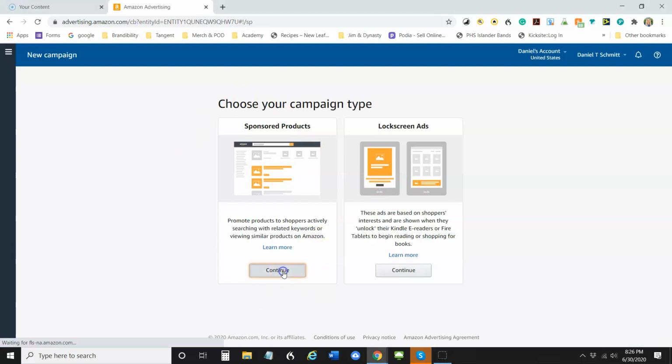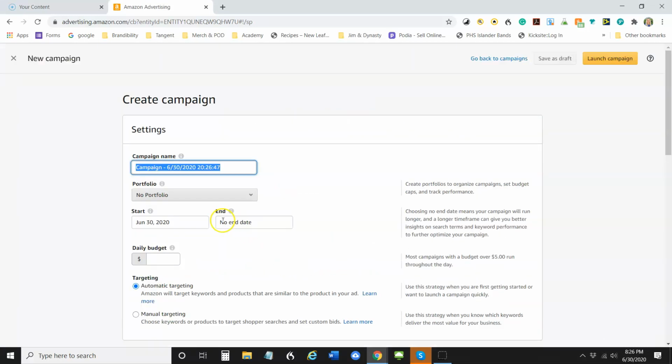So you're going to click continue, and then I'm going to walk you through what you want to do. You want to come up with a campaign naming system. Maybe you name it by category, by niche, when it started, what type it is. A lot of times I will have my niche, and then I'll say whether it's auto or manual, and I have some notes afterwards.